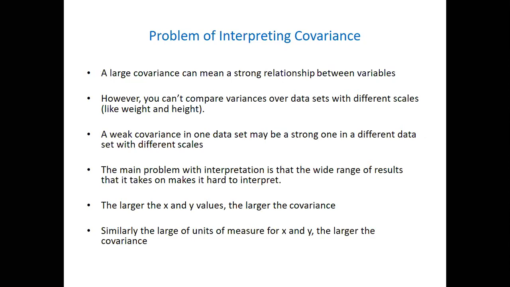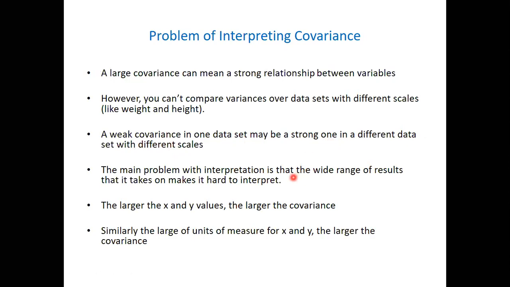So you can't compare covariance among data sets with different units or scales of measurement or different variables. A weak covariance in one data set may be strong in another one.